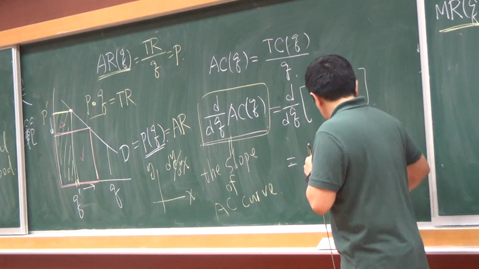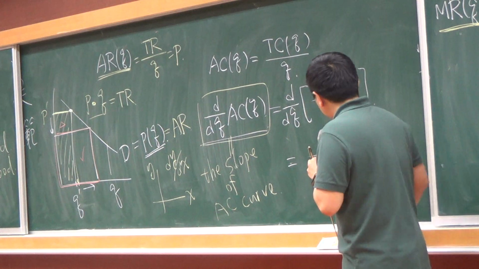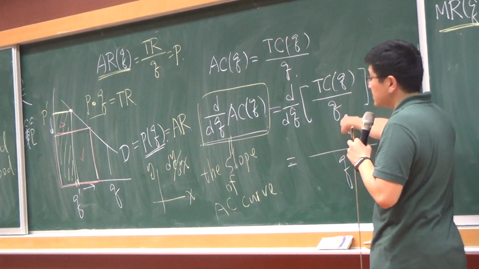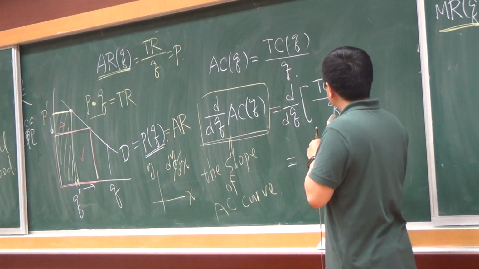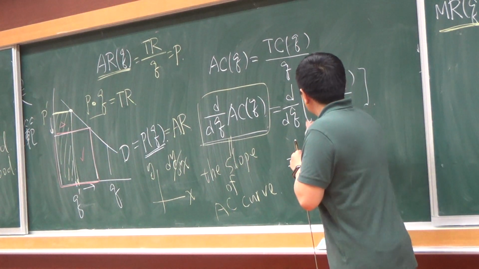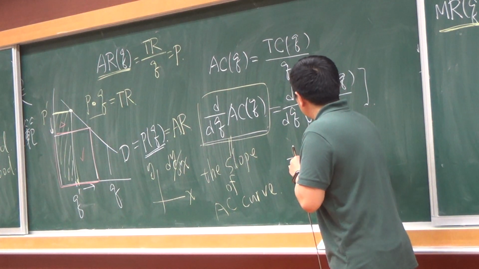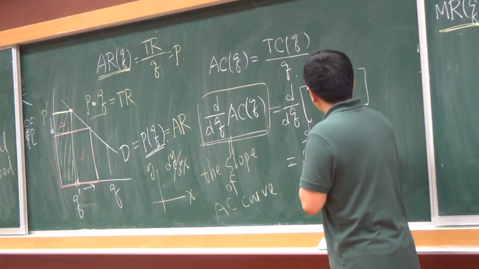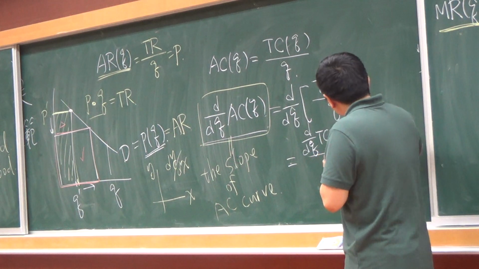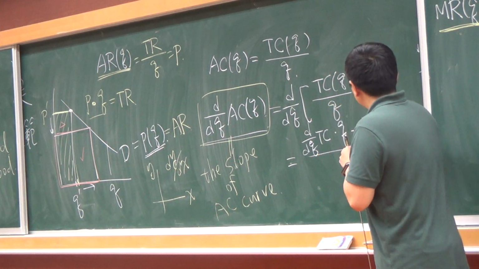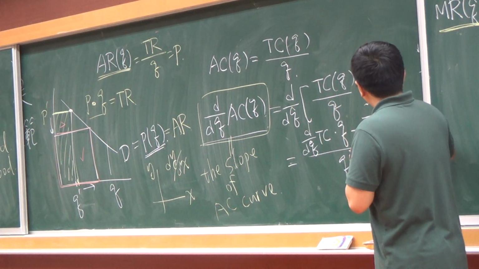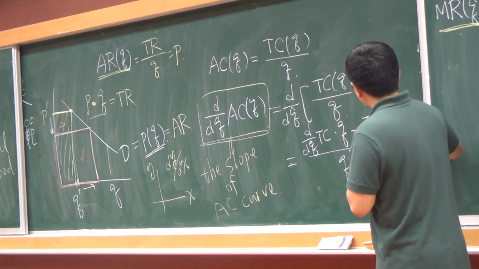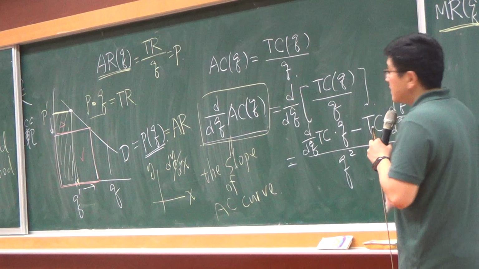Q is squared because it's in the denominator, and we differentiate TC first, multiplied by Q, minus keep TC constant and differentiate Q with respect to Q, which is 1. Okay?